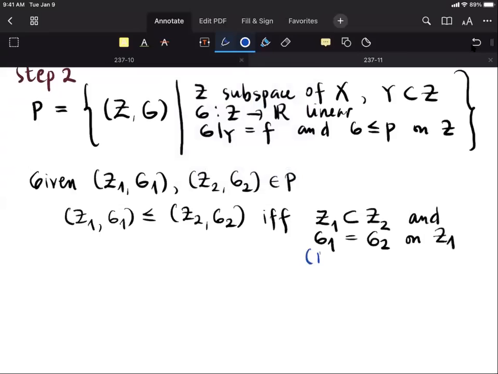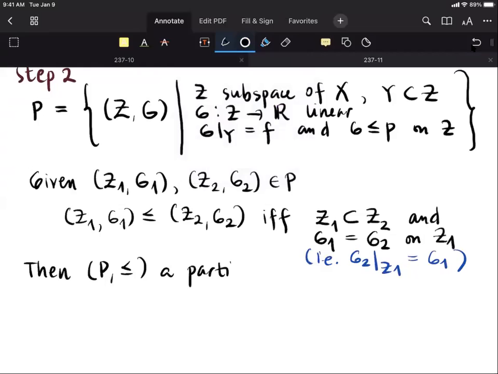In other words, if you restrict the larger function on Z1, you get G1. Then you can show that, or it can be shown that this is indeed a partially ordered set.